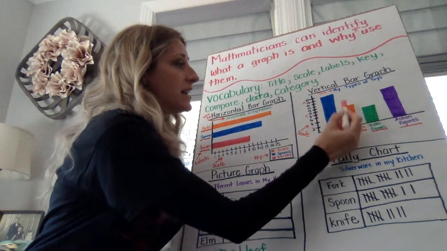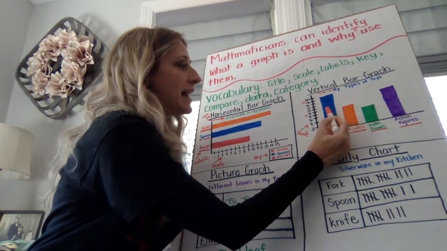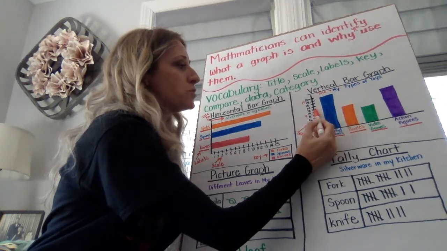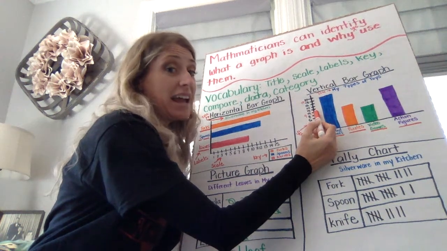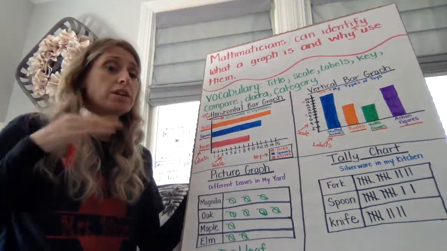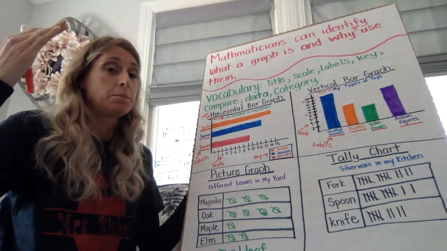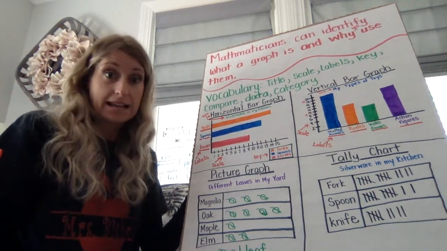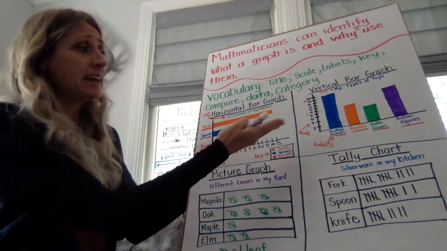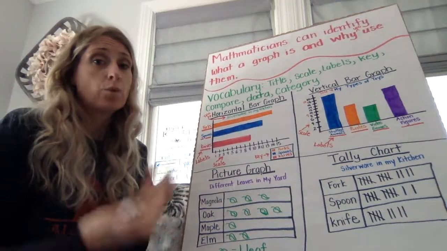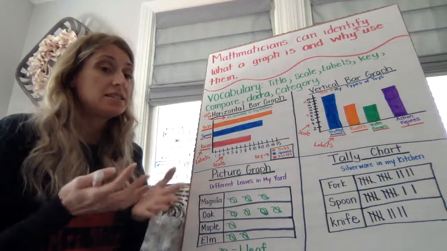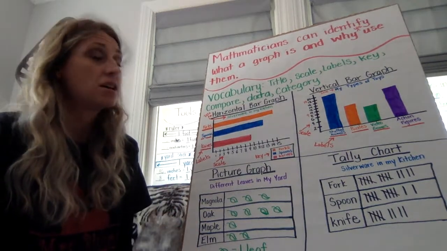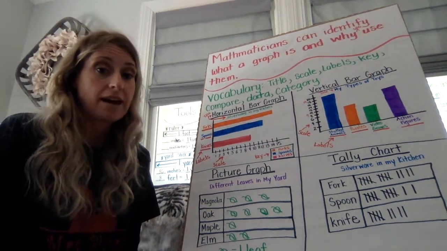Well, if I look here, I notice that my bar goes between the 8 and the 10. So it's not 10 and it's not 8. It comes between the 8 and the 10. So what number comes between 8 and 10? Hopefully you said 9. But again, it's easy to see what we have the most of, what we have the least of. It's easy for us to be able to compare the types of toys that we have.